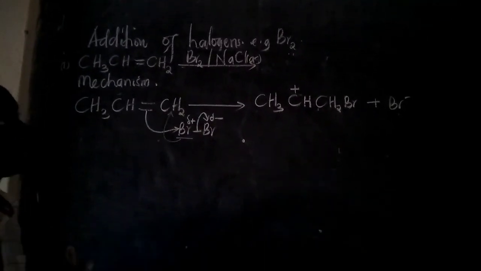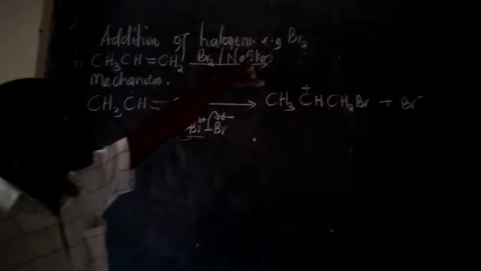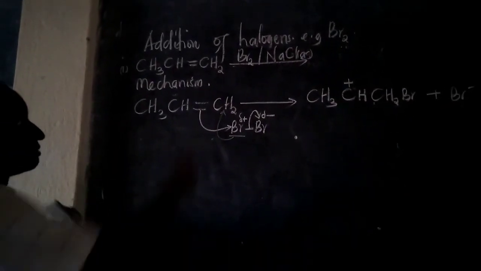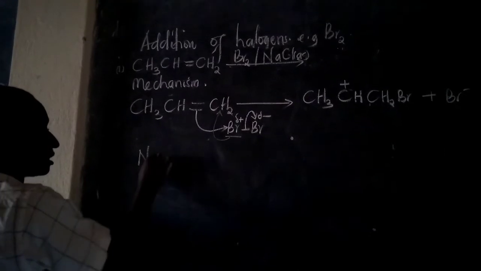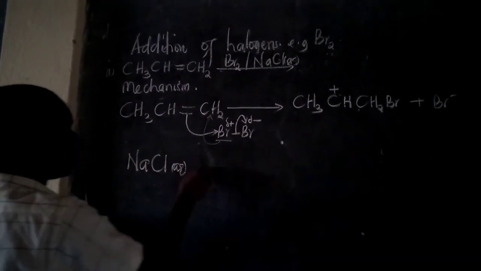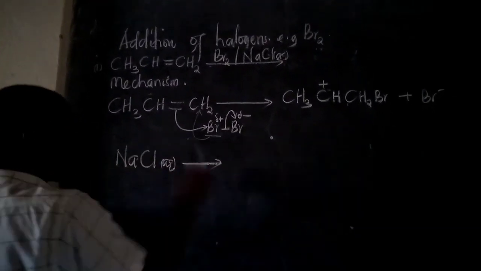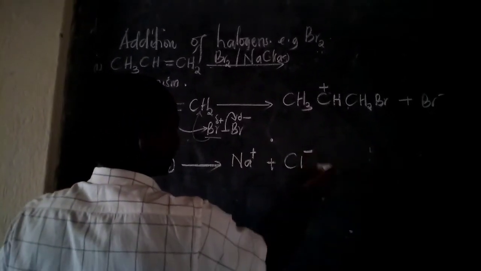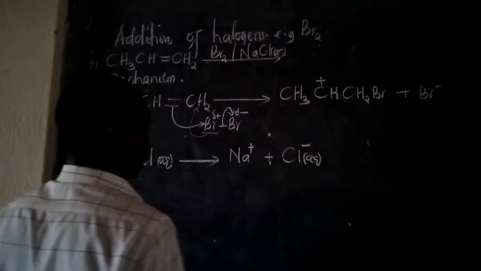But now the case is different. Presence of concentrated sodium chloride tells us something. It being inorganic, it can undergo this: it separates to give us the sodium ions and the chloride ions.